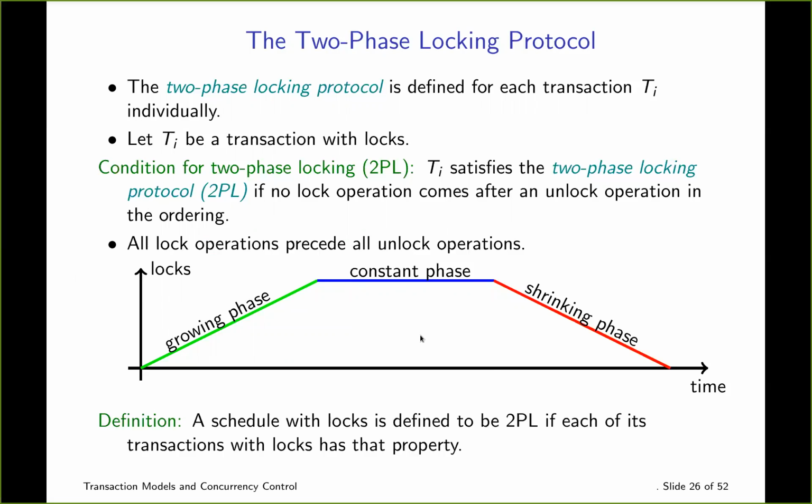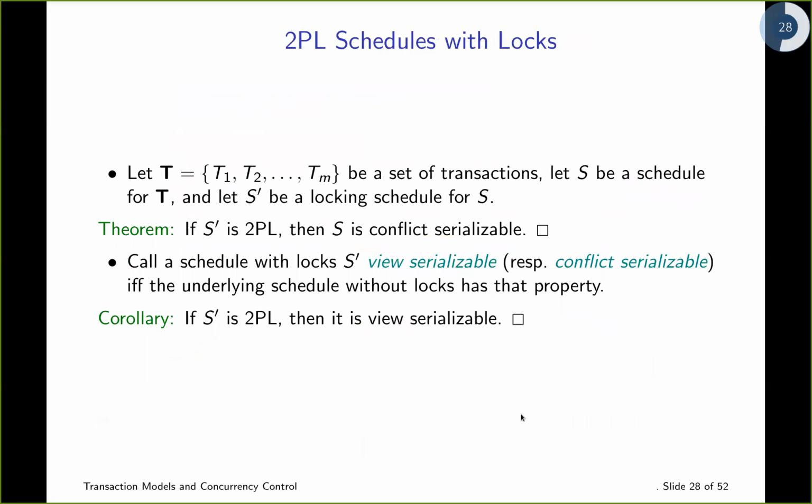If you conform to 2PL, so the schedule is in two-phase locking, then you guarantee that you're going to be conflict serializable.